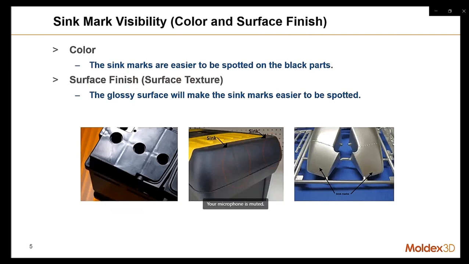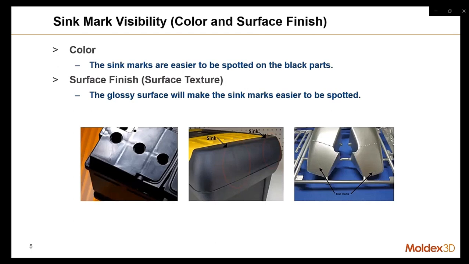So the color of the injection molding part becomes a kind of background when you try to check the seam mark. If we choose black to make our part, it becomes a black background, and it will be easier to spot if there is a seam mark.